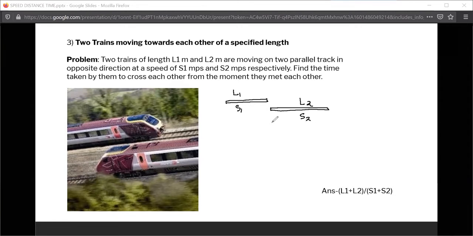In order to cross each other, the relative speed will be S1 plus S2, and the distance they have to travel to cross each other will be L1 plus L2. So time taken will be L1 plus L2 upon S1 plus S2.